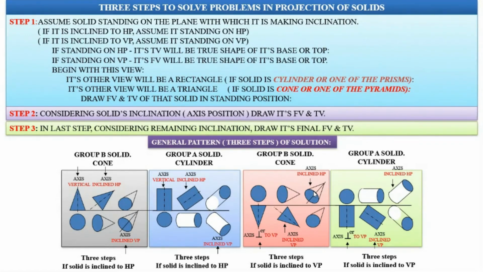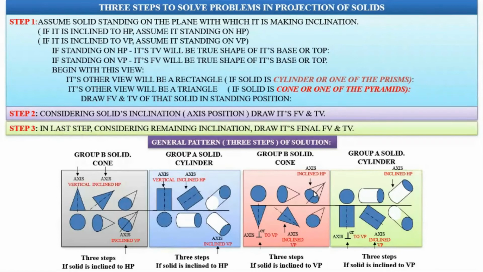Then begin with this view, that is, begin with the view which gives you the true shape. Then the other view will be a rectangle if the solid is a cylinder or one of the prisms, and a triangle if the solid is a cone or one of the pyramids.